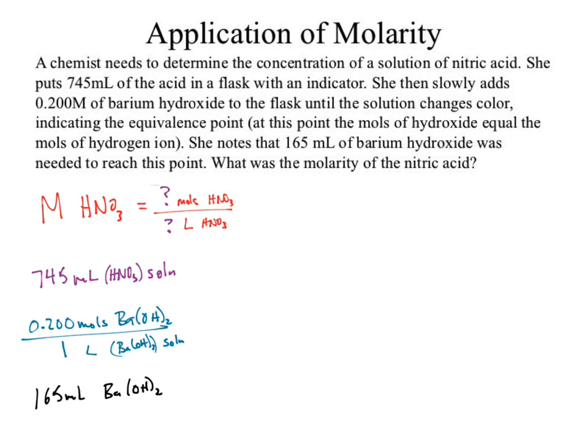Am I given moles anywhere in my given information? Does anybody see moles written in the given information? Yes, but it's given for a different substance. So what am I going to have to do? A conversion of substance. How do I convert substances? Using moles, where do I find the numerical values to do that conversion?